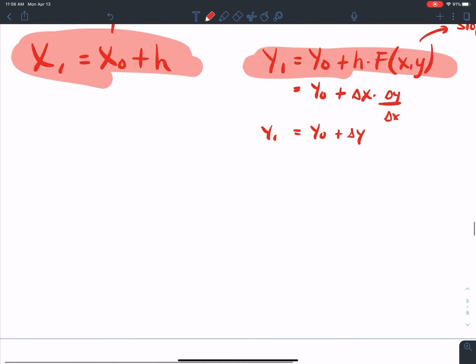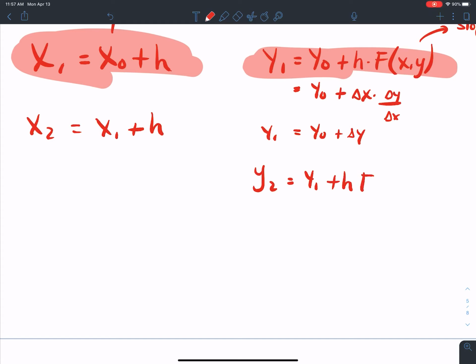So then what I would do, I would find a new x value. So I'd start at the old one, and I would make a small change to x just like I did before. So then my new y value, and here I'll pay a little more attention to my subscripts on x and y, I would start at that first y value. And then here when I'm using the slope, I'm using the slope from the point before, right? Because it's telling me where to go. So the point before this was x1, y1.